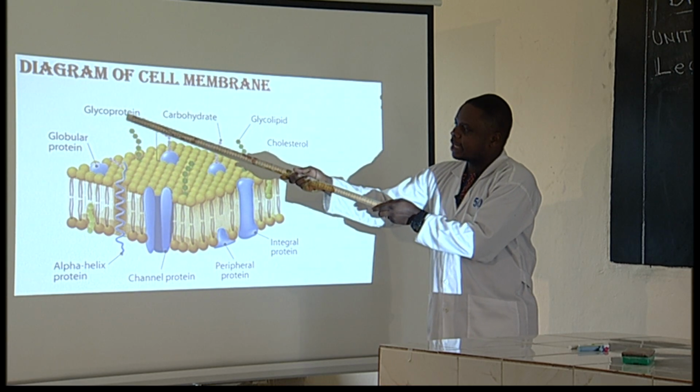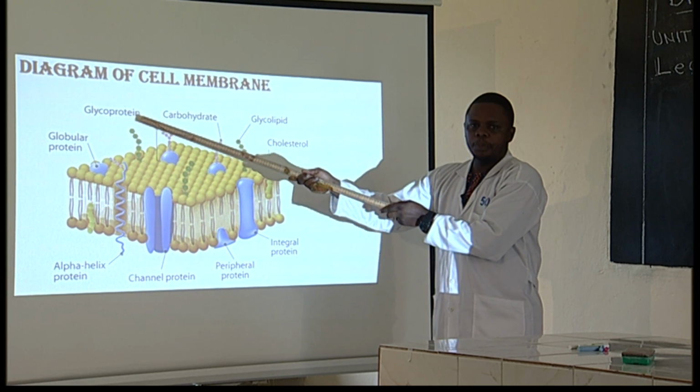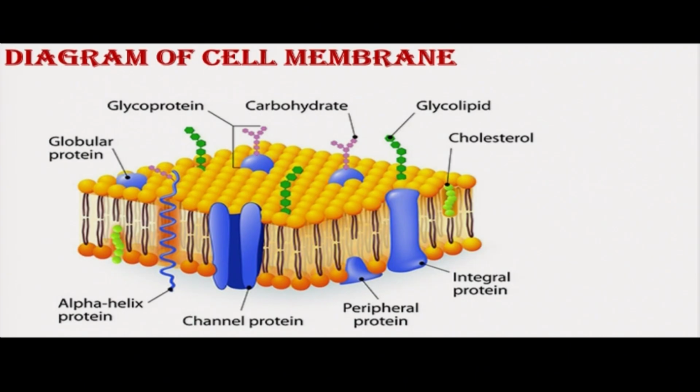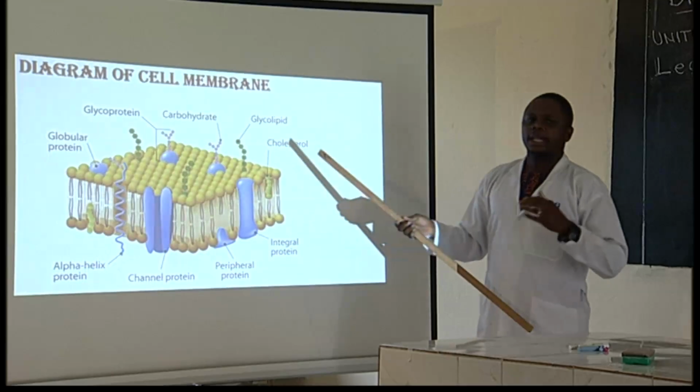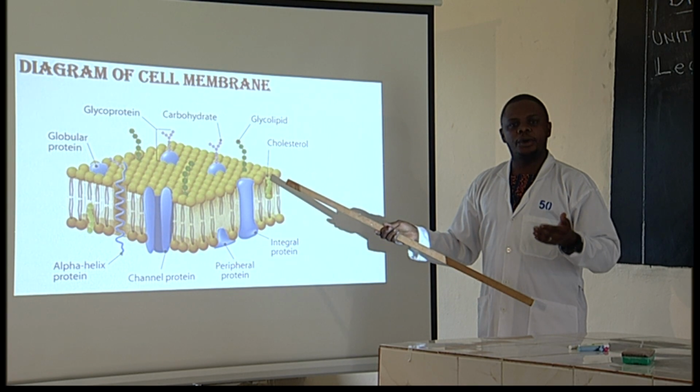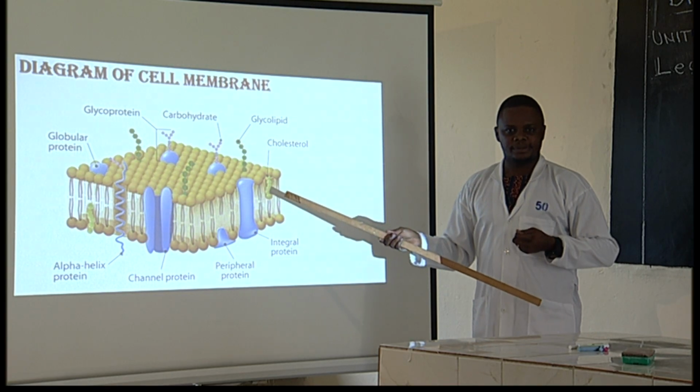It also has glycoprotein. A glycoprotein is a protein which is made up of carbohydrates. As you see, this cell membrane is made up of many parts. But it is very important because these parts perform different functions.